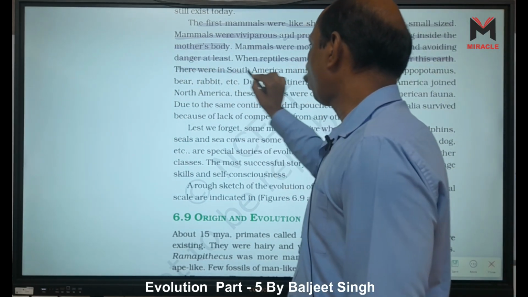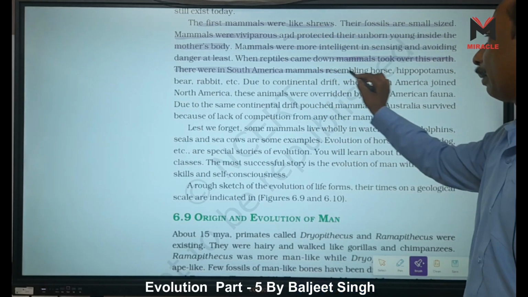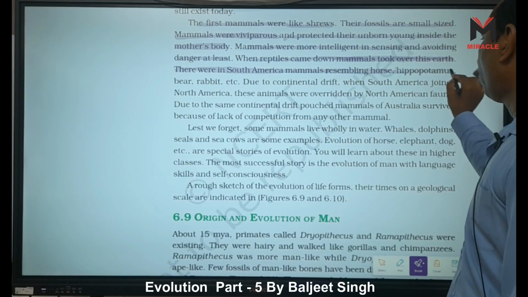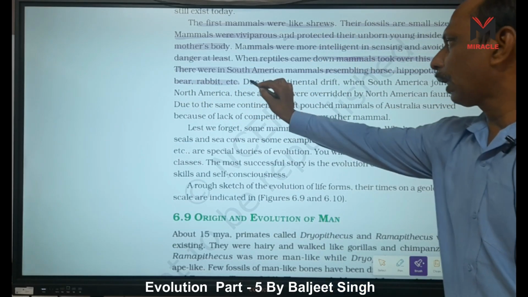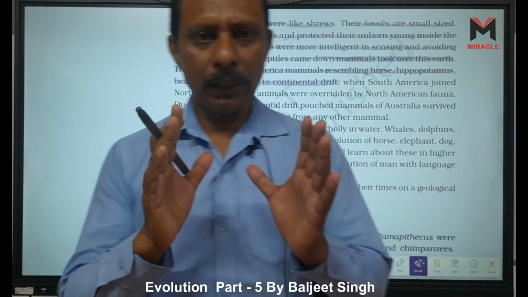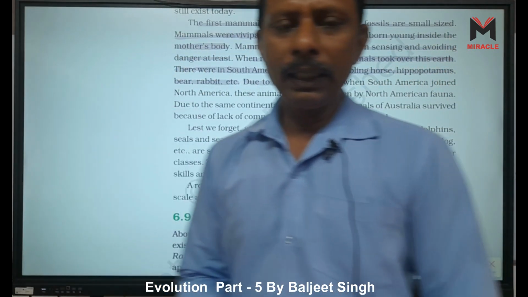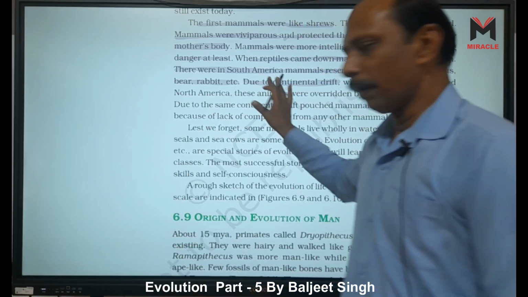There were mammals in South America resembling the horse, hippopotamus, bear, rabbit, etc. due to the continental drift. Already when I told you the evidences of evolution, I told you two continental drifts. One continental drift is given here, right?